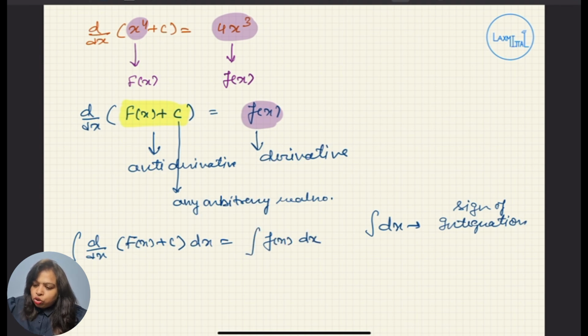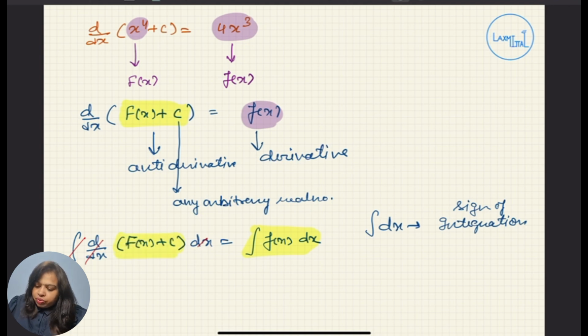So you can assume differentiation and integration are the reverse process of each other. They cancel each other. So what are you going to get? The integral of f(x) dx is capital F(x) plus c. This is your answer.